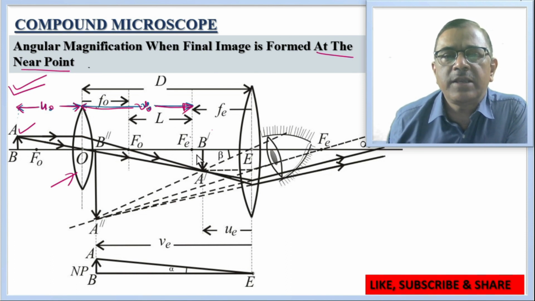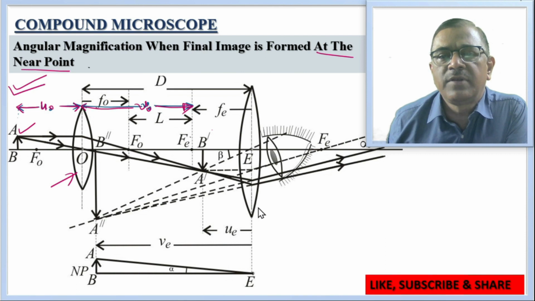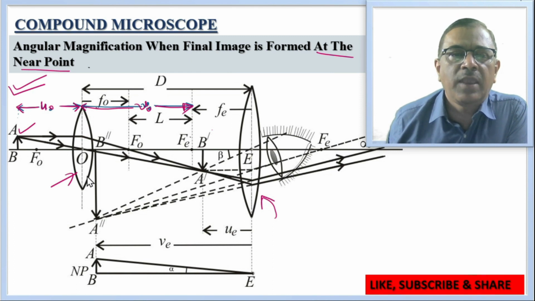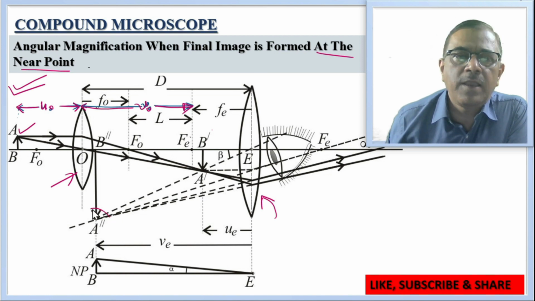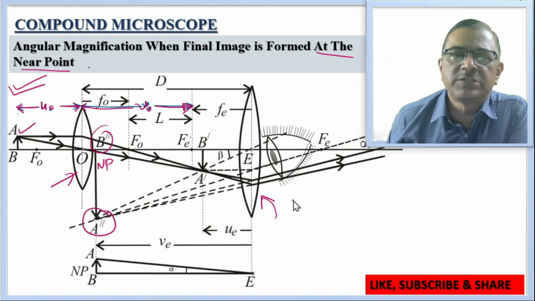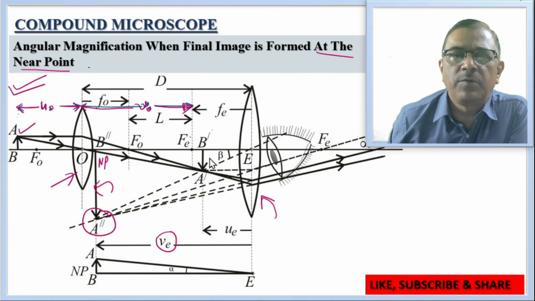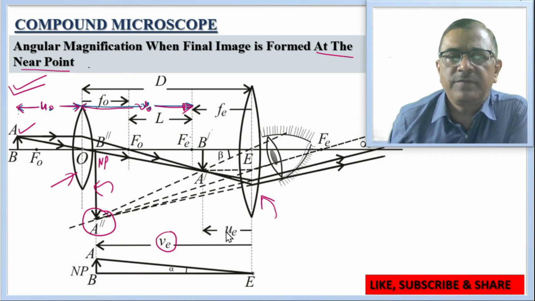You know that A dash B dash acts as an object for this eyepiece, and A double dash B double dash is its image. Image A double dash B double dash is formed at the near point for this person. Distance of the final image from the eyepiece is V, while the distance of the object A dash B dash from the eyepiece is UE.